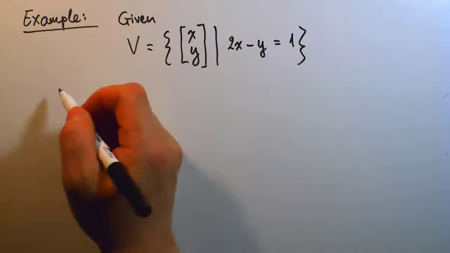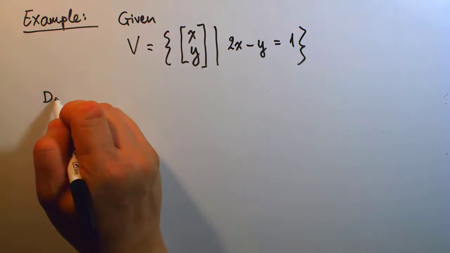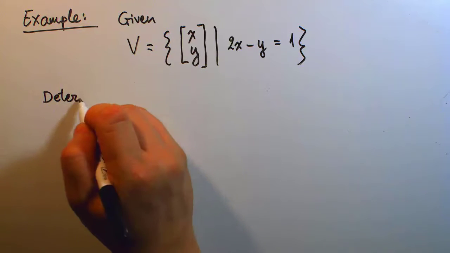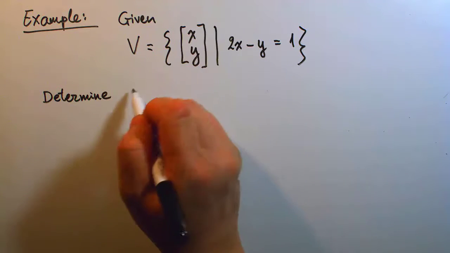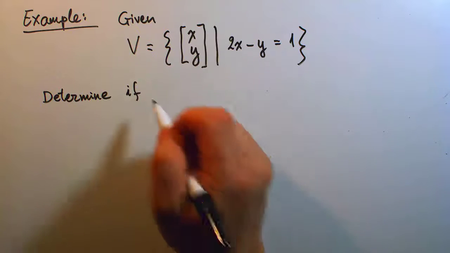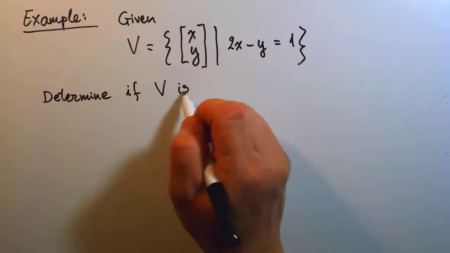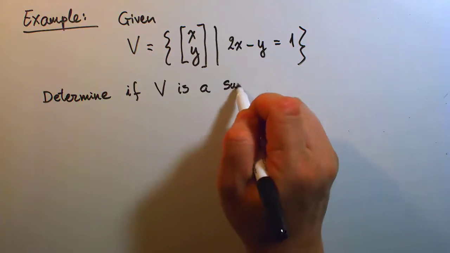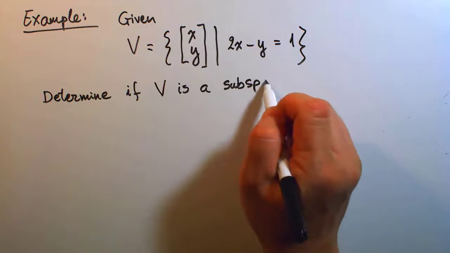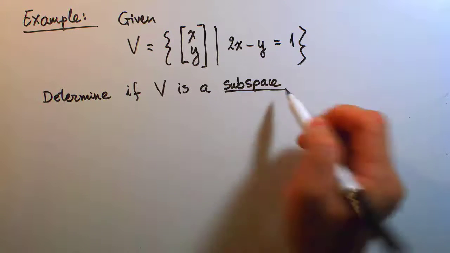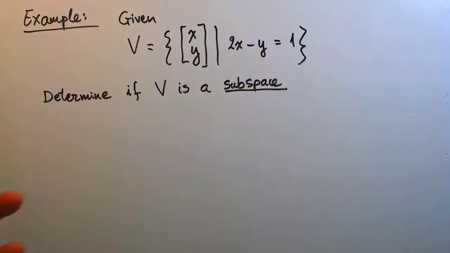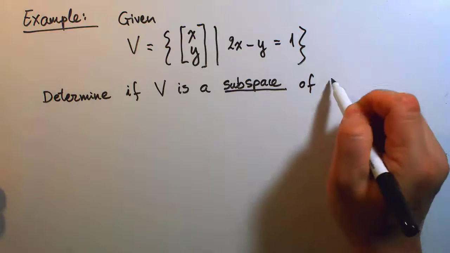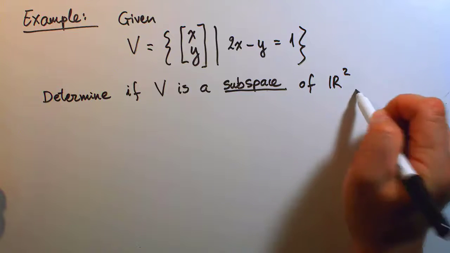And a similar question, let's say we want to determine if V is a subspace. So essentially it is, can it be a vector space or not? And once it is a vector space, then it's a subspace of R2.